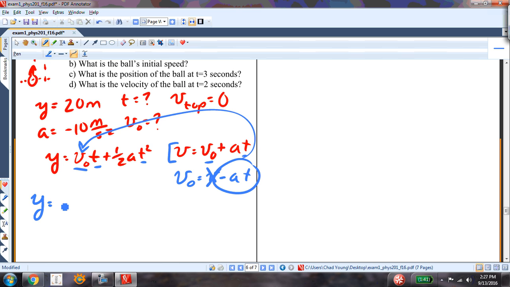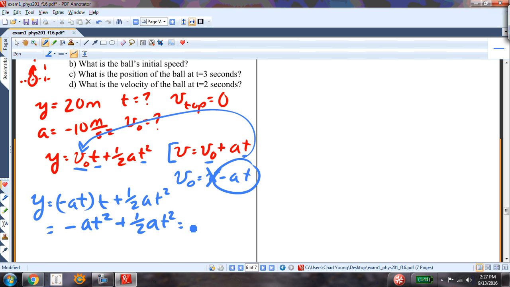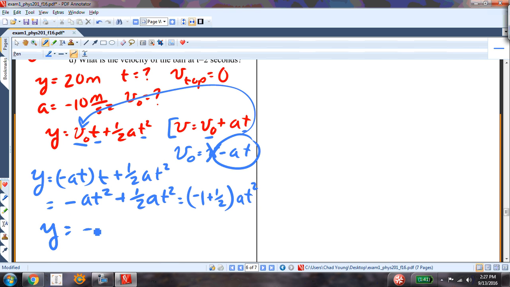I say y is equal to negative at times t plus 1/2 at squared. This is negative at squared plus 1/2 at squared, which is negative 1 plus 1/2 times at squared. So y is negative 1/2 at squared.